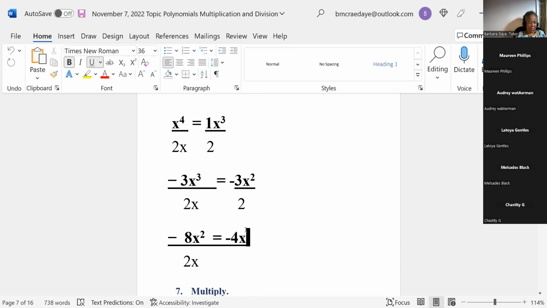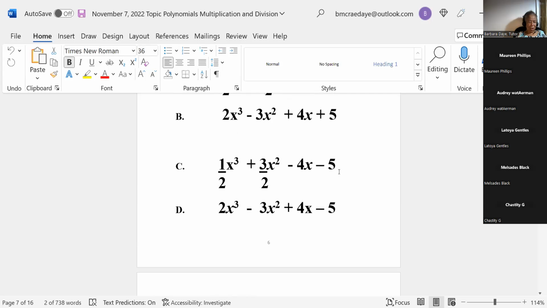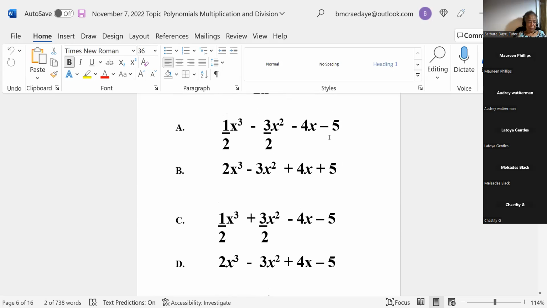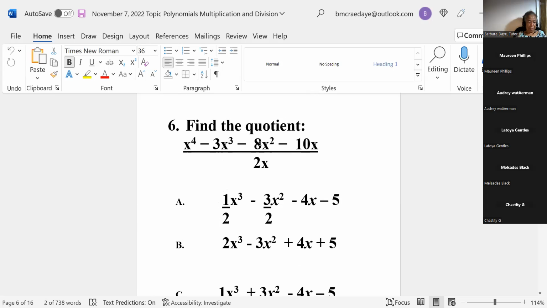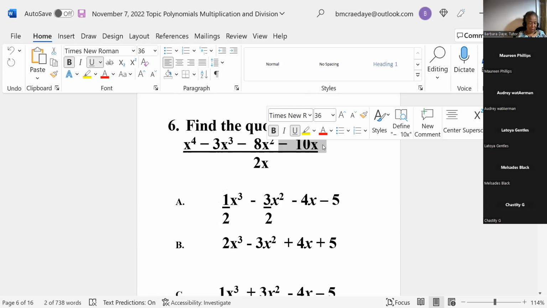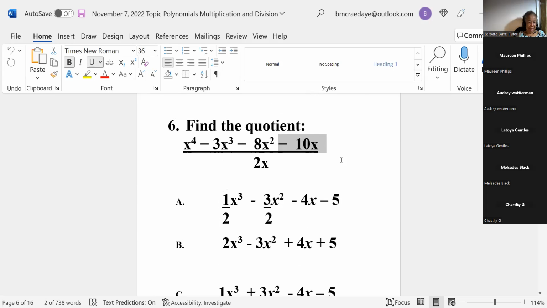All right. So we have one more term left. Now let's go to our last term. Minus 10x, right? So let's make sure you take the minus 10x.